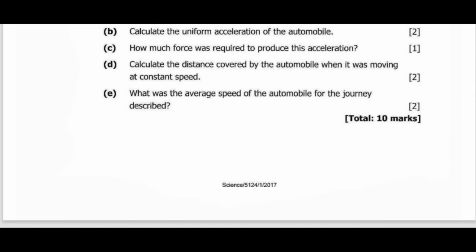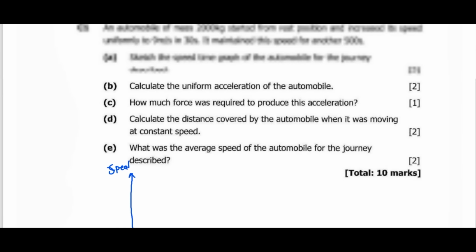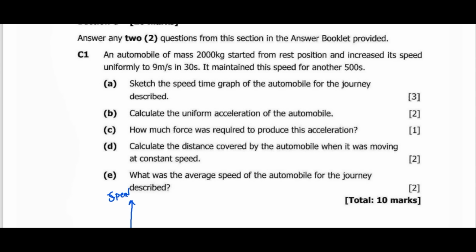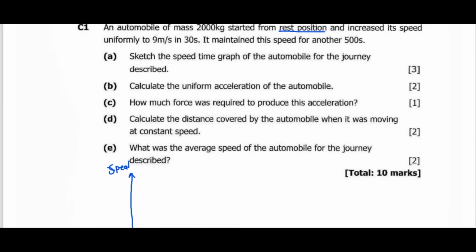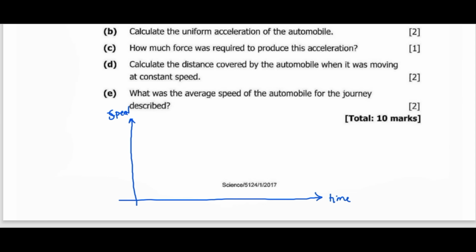So let's draw this line here. This is our XY plane. Here we are going to have time, then here we are going to have speed. The first point is we are told it started from rest, and whenever we have rest position, it means we are going to have 0 here.